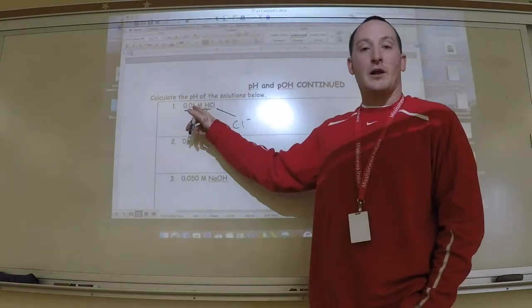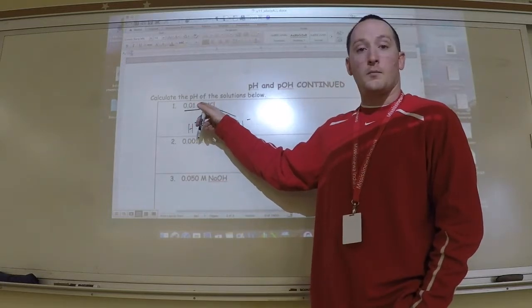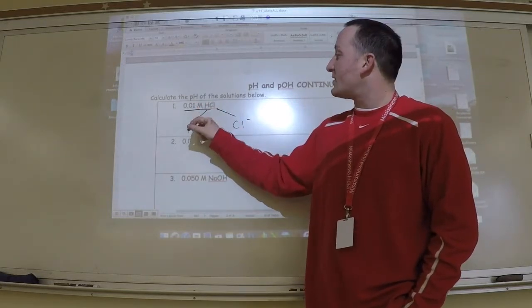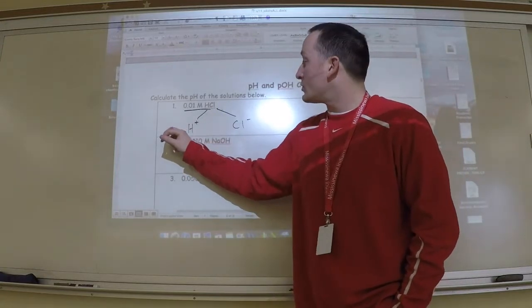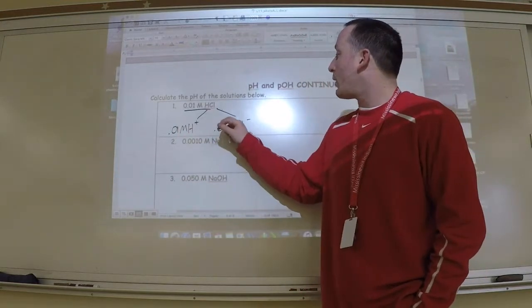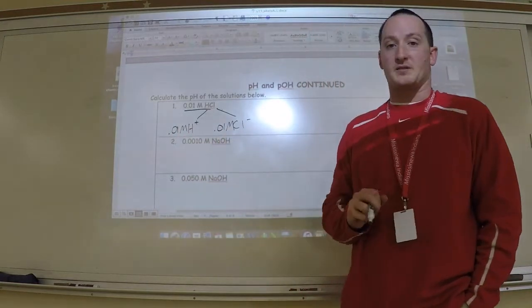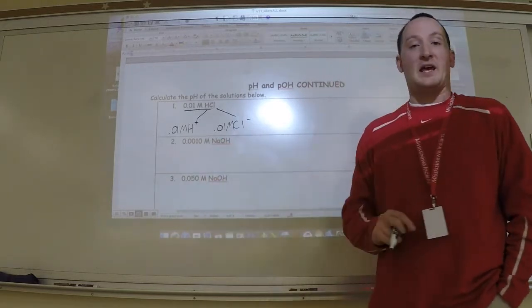Now, whatever the molarity of our solution is, our 0.01 molar HCl is actually going to be the same molarity as our H plus, which means I have 0.01 molar H plus, and I have 0.01 molar Cl minus.